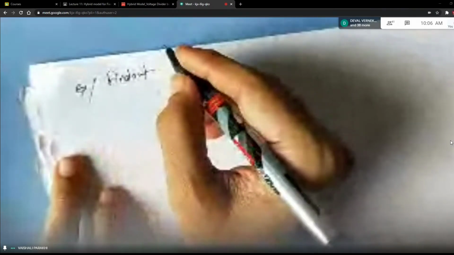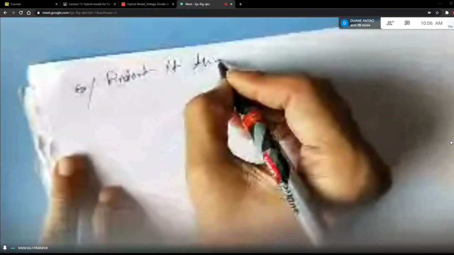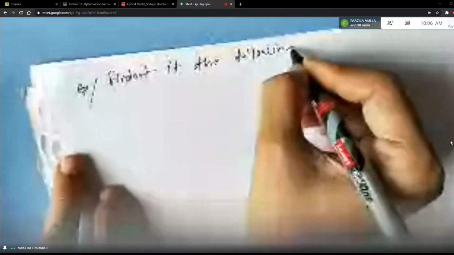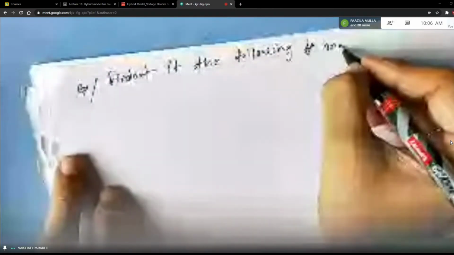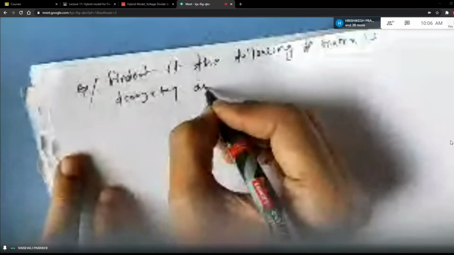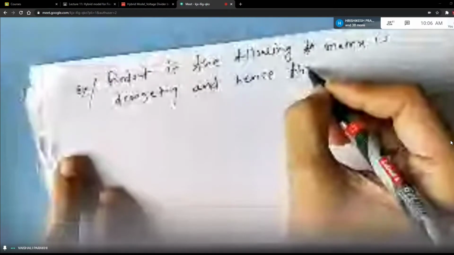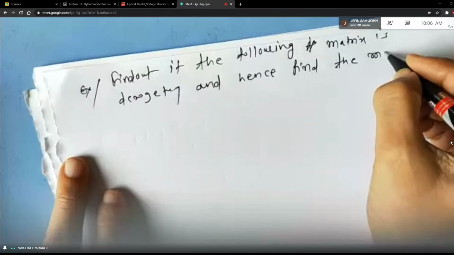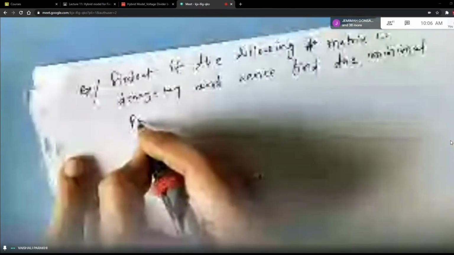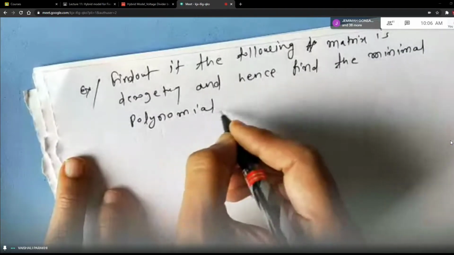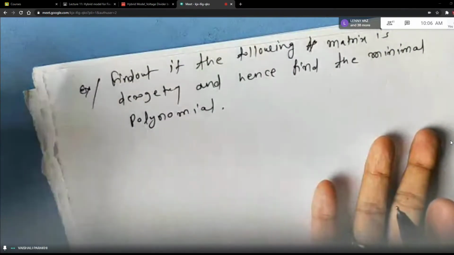Now see the problem like this. Find out if the following matrix is derogatory and hence find the minimal polynomial.